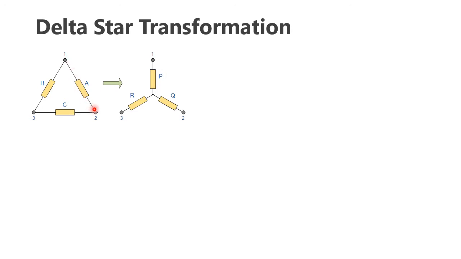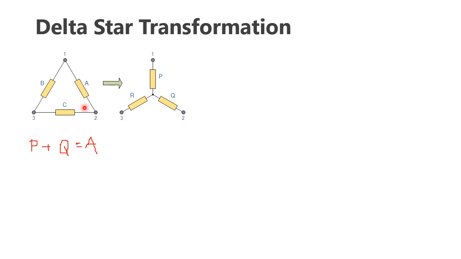In between point 1 and 2, the delta network has a resistor, but in the star network P and Q are in series. Therefore we can write P plus Q equal to A. Here we are comparing.